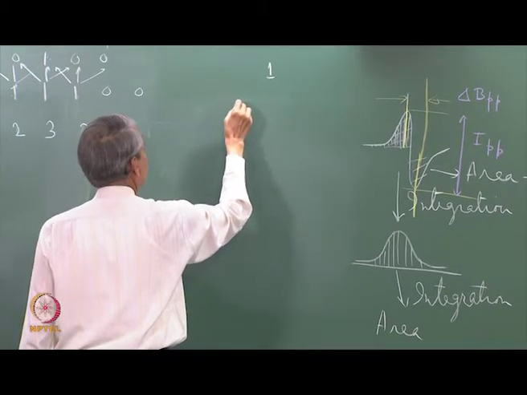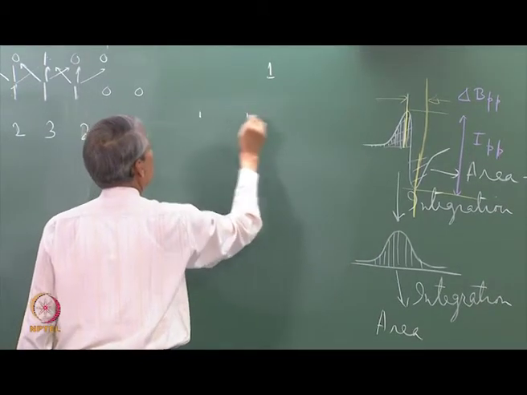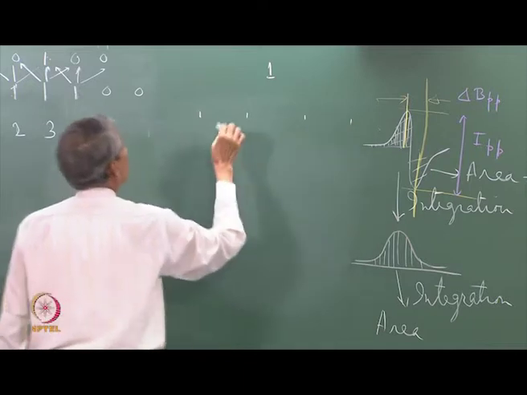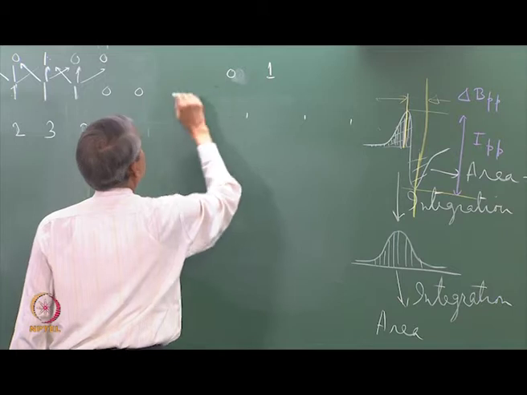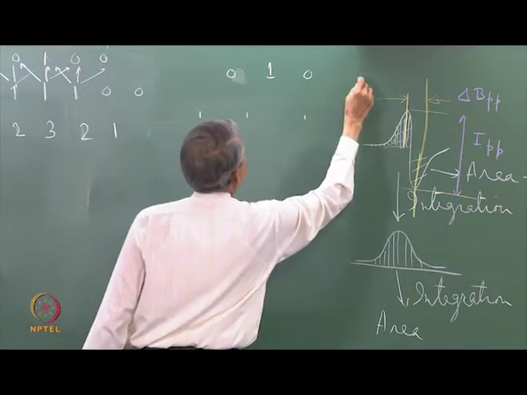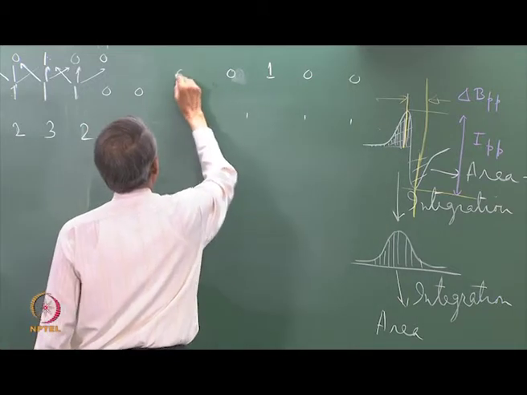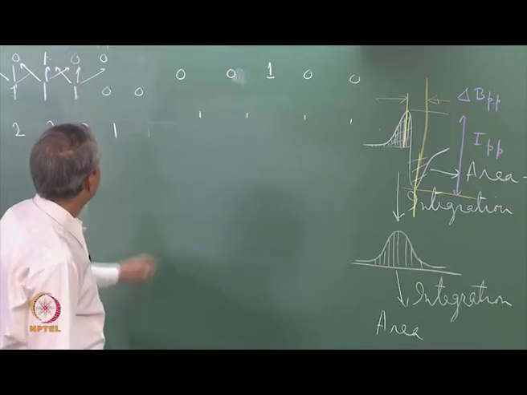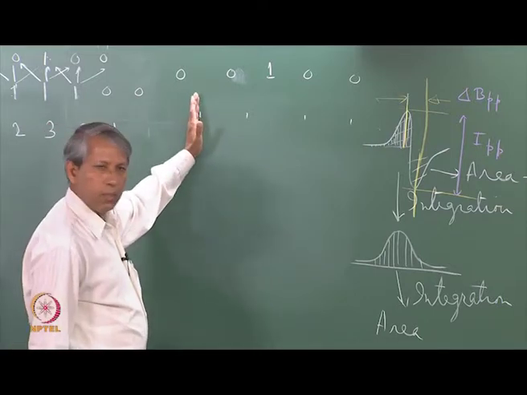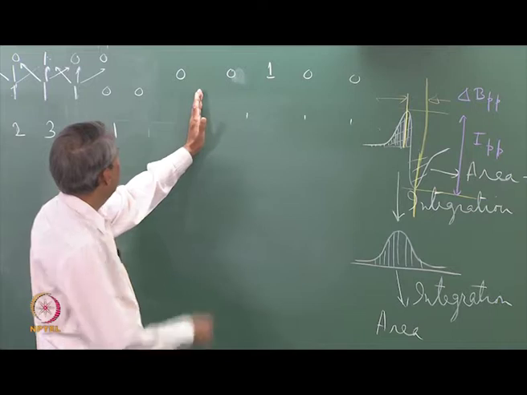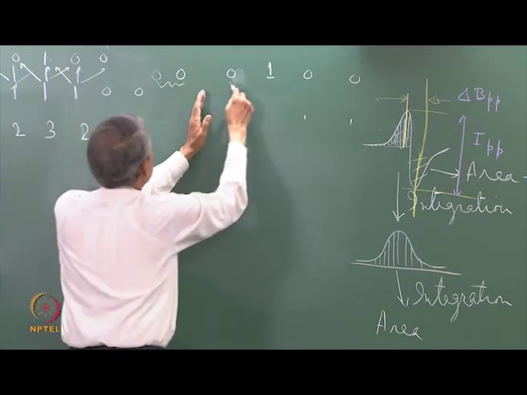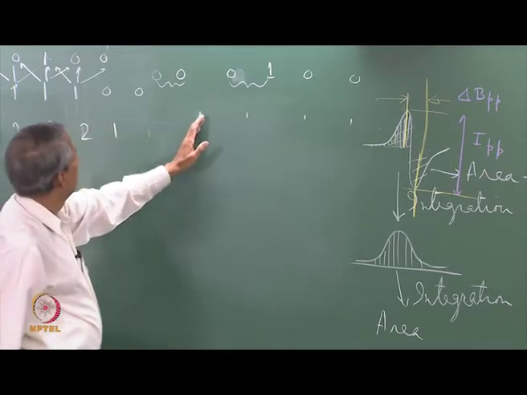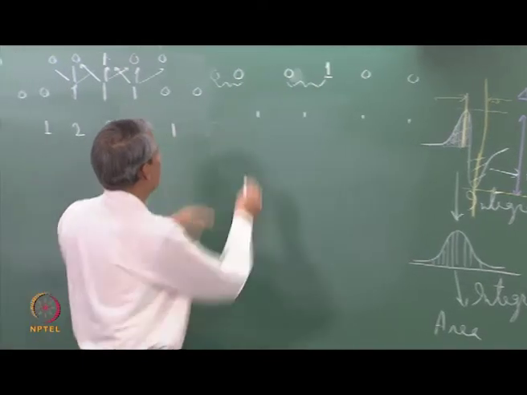I will get 4 transitions here, here, here, here. So imagine 0, 0, 0, 0. To get the intensity here, I add 2 numbers from the left and 2 numbers from the right. So this and this together give a value 1 here.